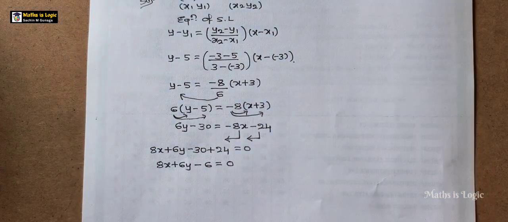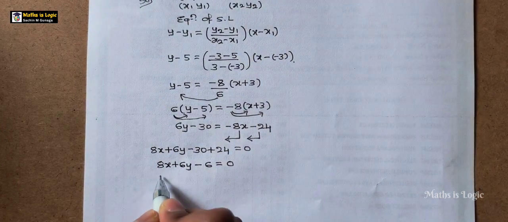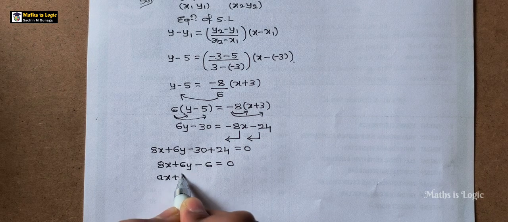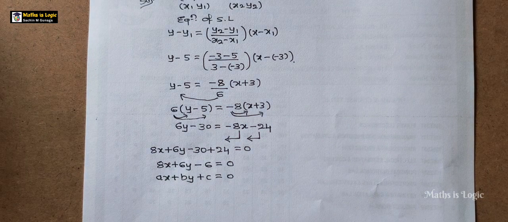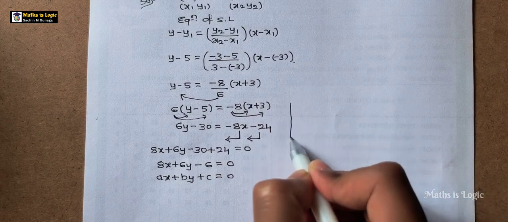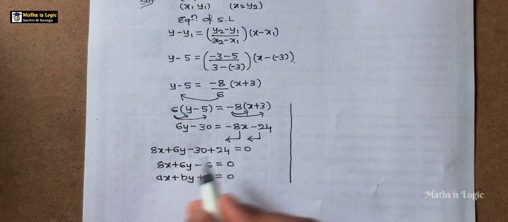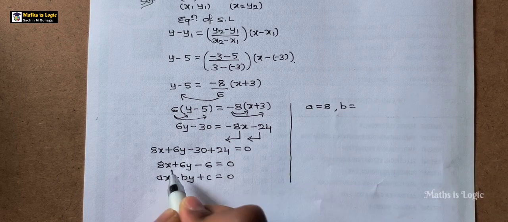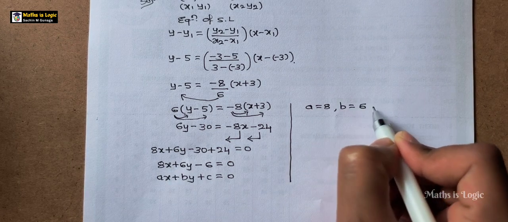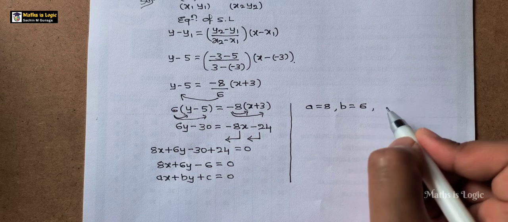Therefore, in the next step, what we need to do is compare with the standard form, Ax plus By plus C is equal to 0. So A value 8. Next B value 6. Next C value minus 6.